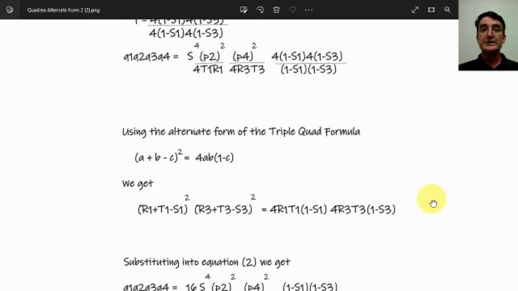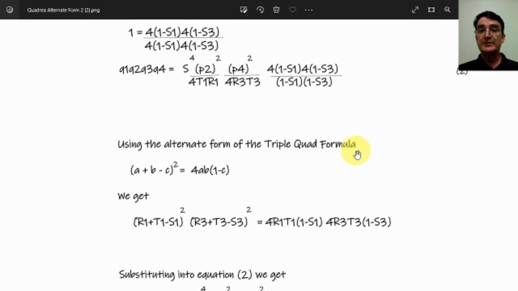Next, we're going to use the alternate form of the triple quad formula. The triple quad formula was one of the main laws in universal hyperbolic geometry. It says that a plus b minus c all squared is equal to 4 times ab times 1 minus c.